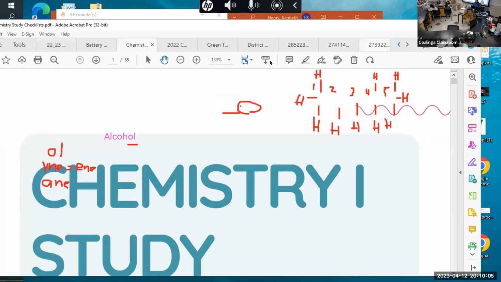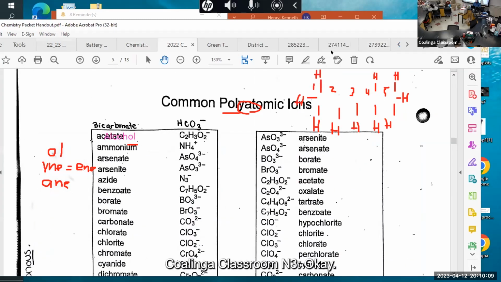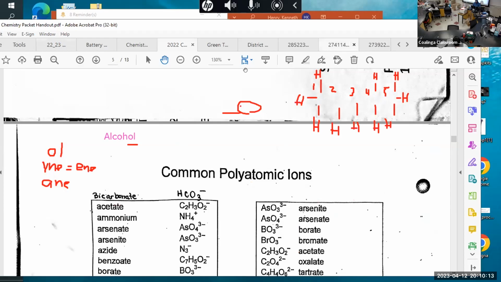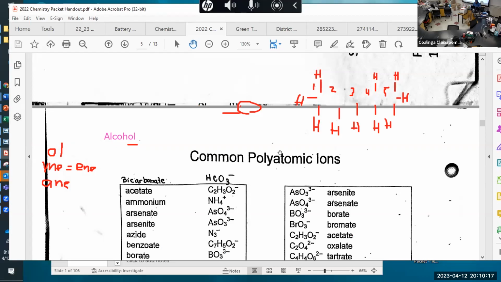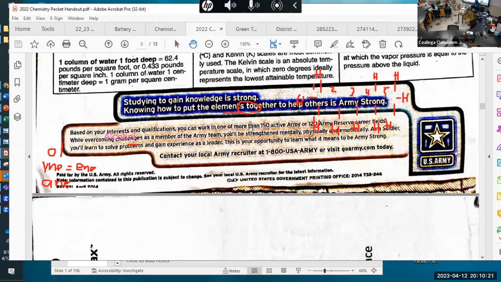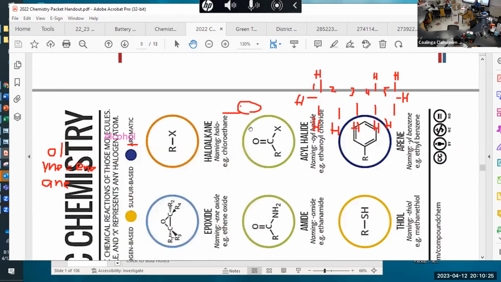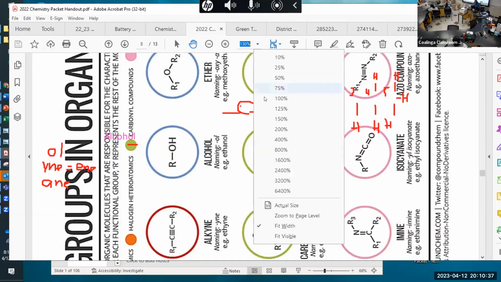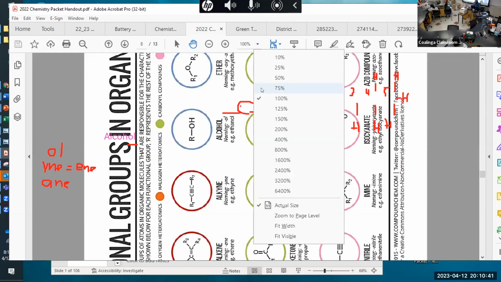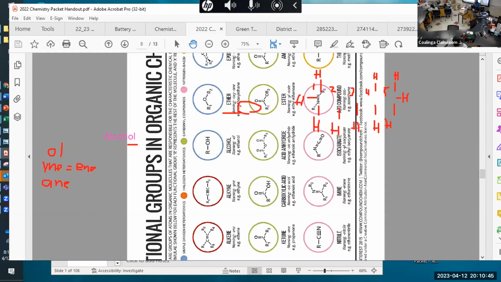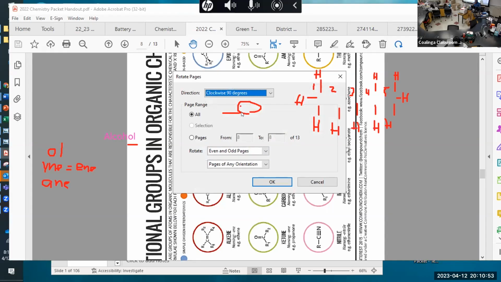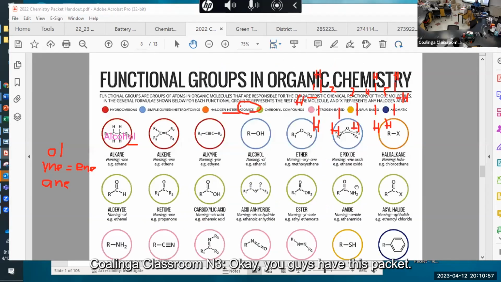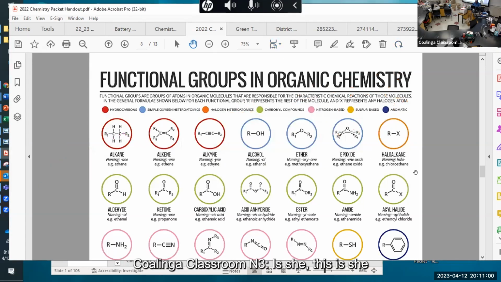You guys have this packet, this sheet in front of you.